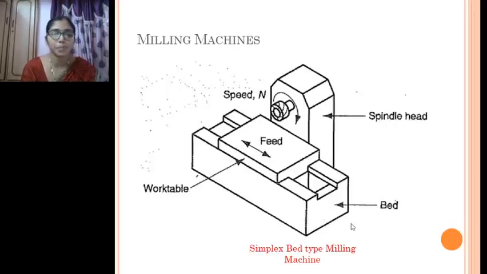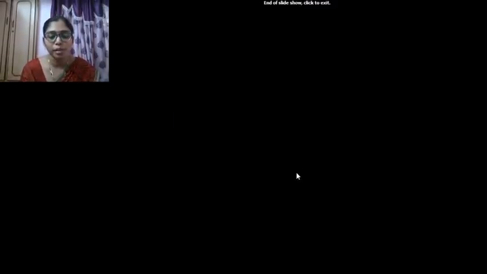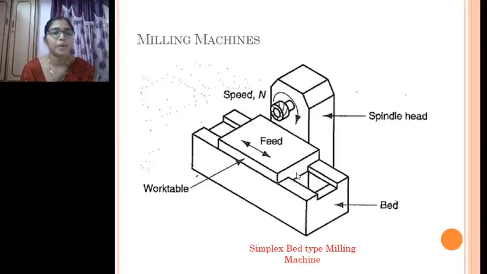The feed is given to the work table or the workpiece, and rotational motion is given to the spindle, on which the tool is mounted. This is about the milling machines, about drilling and milling operations.